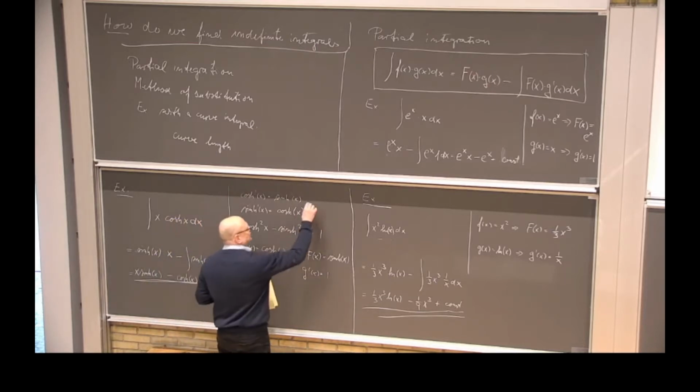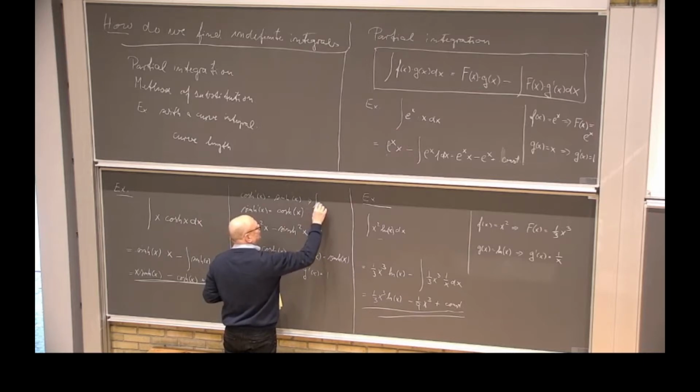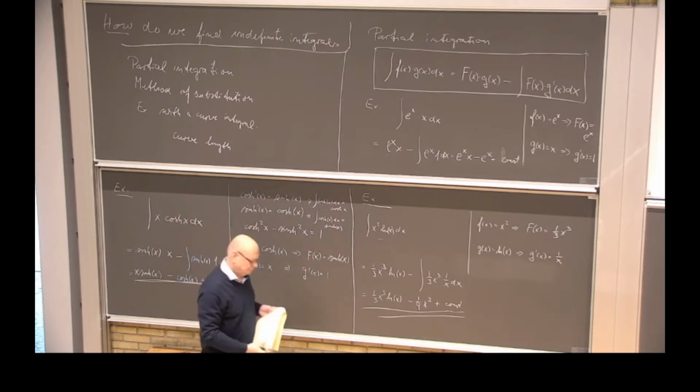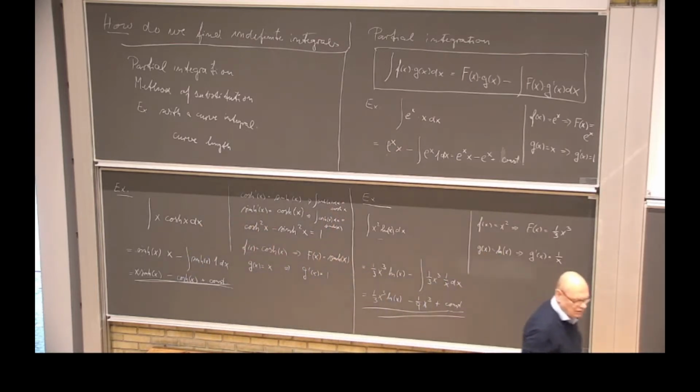This means that the indefinite integral of sinh is equal to cosh, and similarly, the indefinite integral of cosh dx is equal to sinh. They do not change sign. That's the reason. Okay.